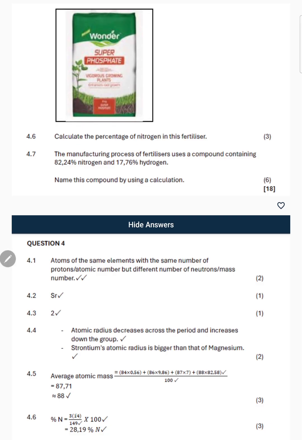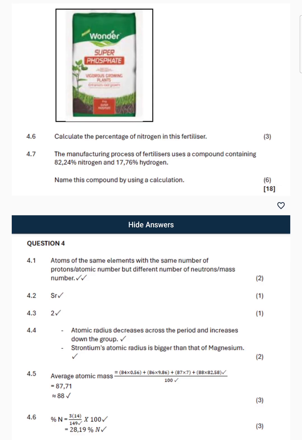How many nitrogens do I have in ammonium sulfate? The number outside the bracket is for hydrogen, and this is also for nitrogen. I have 3 nitrogens, and the nitrogen mass is 14. So you multiply by 100 for the percentage, and you get the mark for that, and also for 149. 3 times 14, so the percentage of nitrogen is 28.19%.